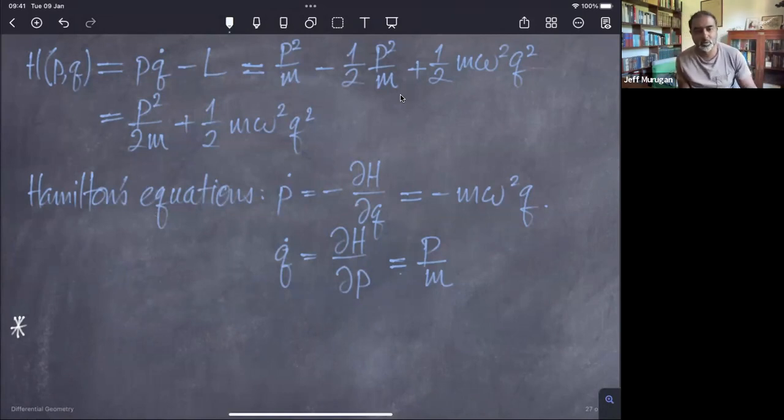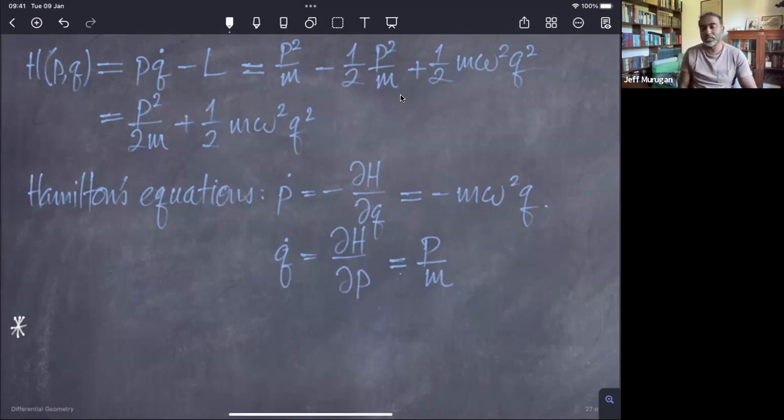But there's actually a little bit more that we could do. To do this, let's think a little bit about phase space again. So remember, phase space was a manifold coordinatized by the generalized momenta and the generalized positions, right?